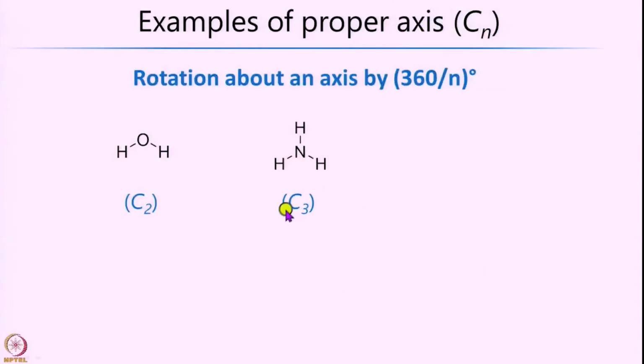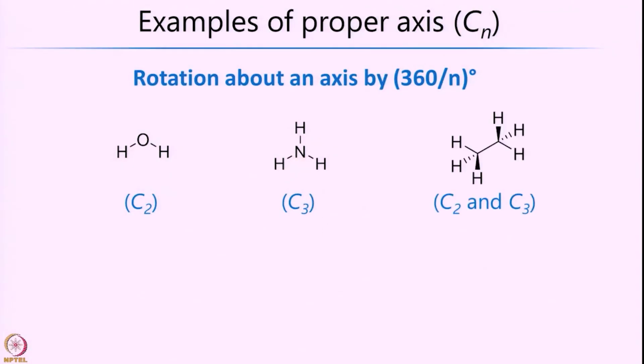If you now divide 360 degrees by 120 degrees, the angle needed to get back to an indistinguishable molecule, you will see that we have a C3 symmetry. That is what is written here.